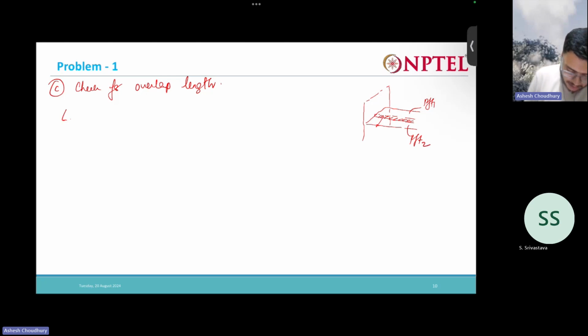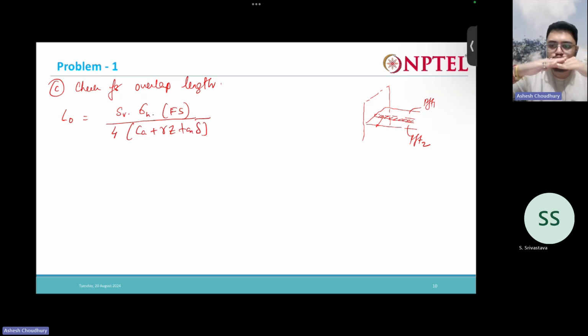Here we have just one difference. It is the same as V into sigma h into FS, this much is the same. Here we will have 4 times Ca plus. Why 4? Because we have overlap like this, so 1, 2, 3, 4, four surfaces we have, so 4.